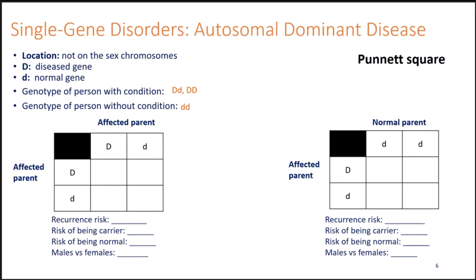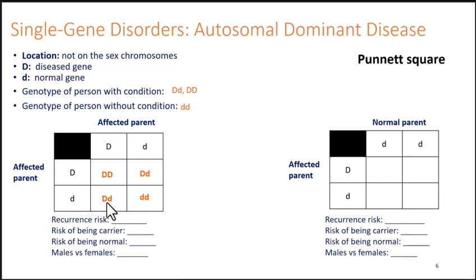And so what we would do to fill in the Punnett square is place either parent on either side, place their genotypes here, and we would fill it in as so. So capital D, capital D, capital D, small d, and then again capital D, small d, and small d, small d.